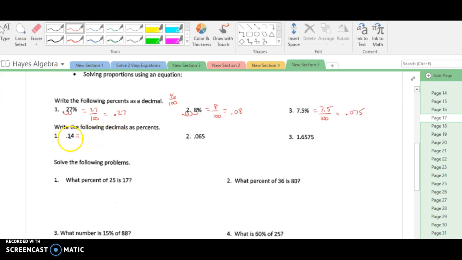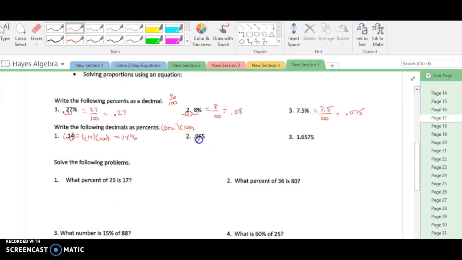Here, decimals as percent. So we want to change this from a decimal to a percent. So we know we're going to take the decimal and multiply it by 100. Now, if I take 0.14, multiply it by 100, right away I get 14%. This time instead of moving to the left, you move the decimal 2 places to the right.